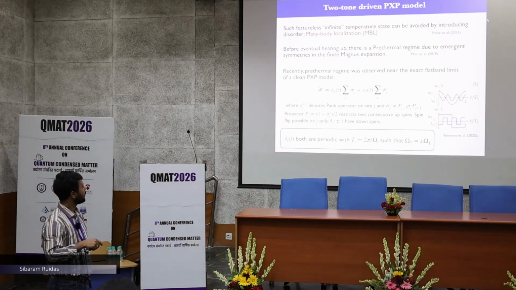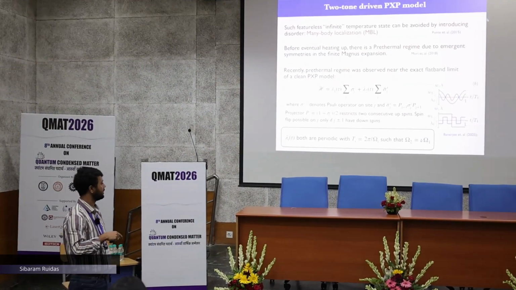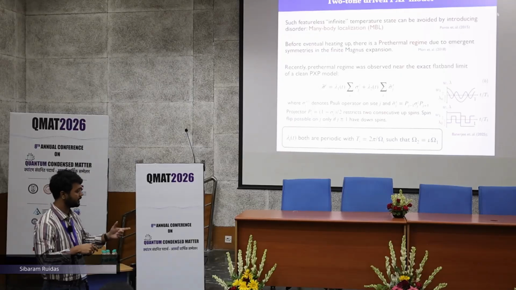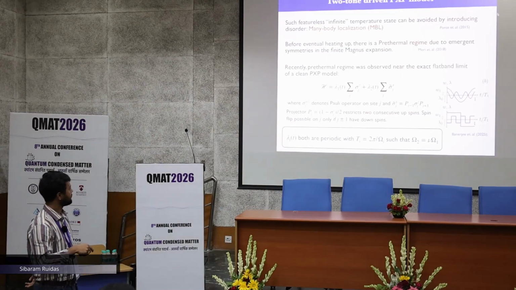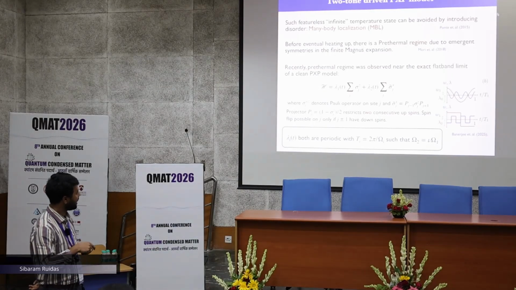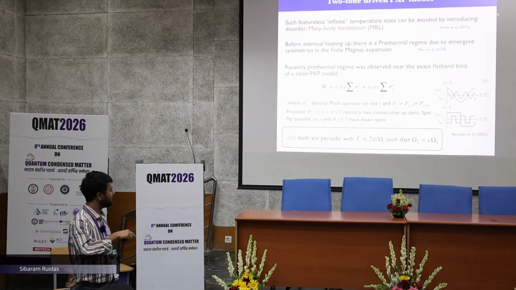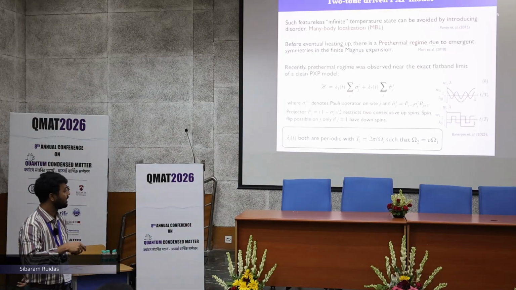As already introduced, this Hamiltonian restricts consecutive spin up states, so basically spin flipping is possible only if you have two nearest neighbor down spins. In this case lambda 1 and lambda 2 are both periodic, but they have two different time periods, with frequencies omega 1 and omega 2, related by this ratio, nu.